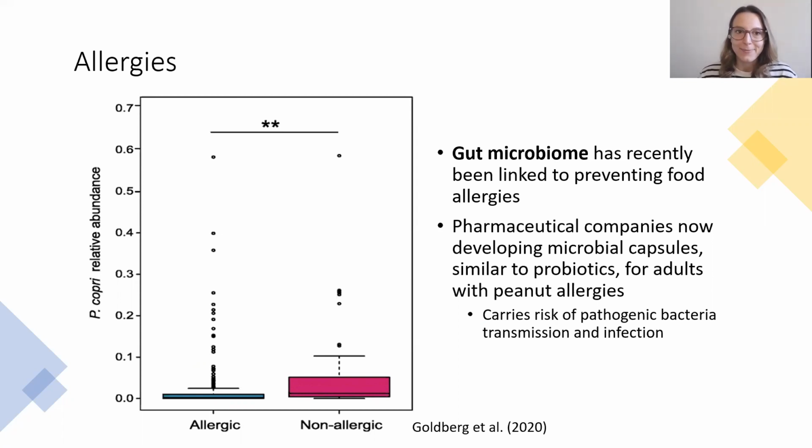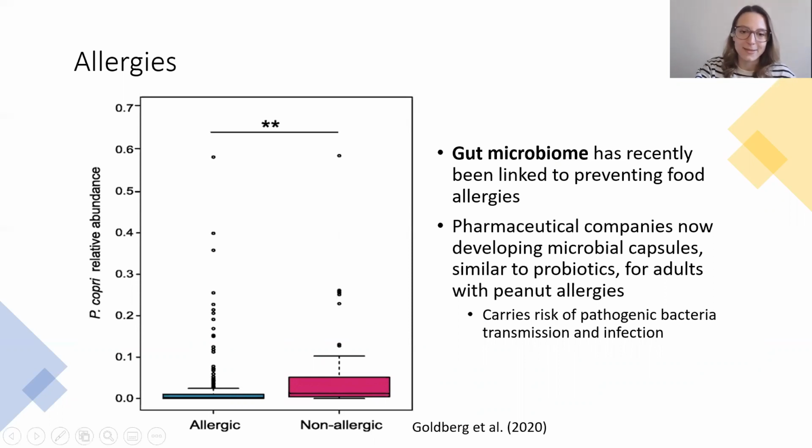So researchers do think that the gut microbiome, so again, the diversity of different microbes in the digestive tract, has a link to actually preventing food allergies in individuals. And so what they think is that when you look at the microbiome from individuals with allergies, they tend to have less diverse bacteria when you compare that to the gut microbiome of those who don't have allergies.